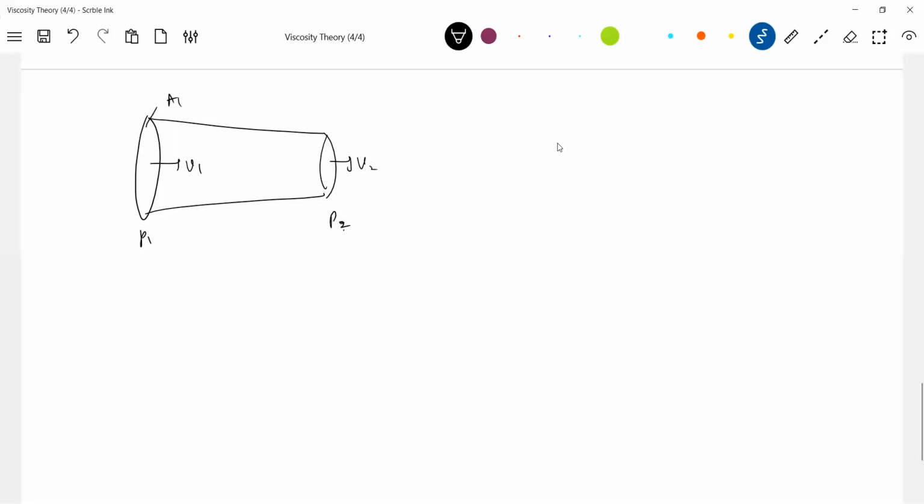This has area A1, A2. So here P1 A1 minus P2 A2 leads to the inertial force. An external agent should maintain a pressure difference, and the liquid will flow.